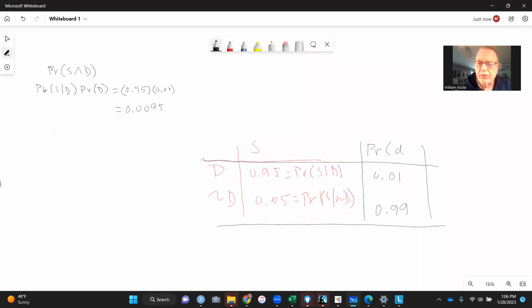I just use D for decision, either decision, or against, true, false. Okay, either way you want to look at it. Now, if you multiply 0.95 times 0.01, like we just did up there, you get the joint probability of the D's and the S's.